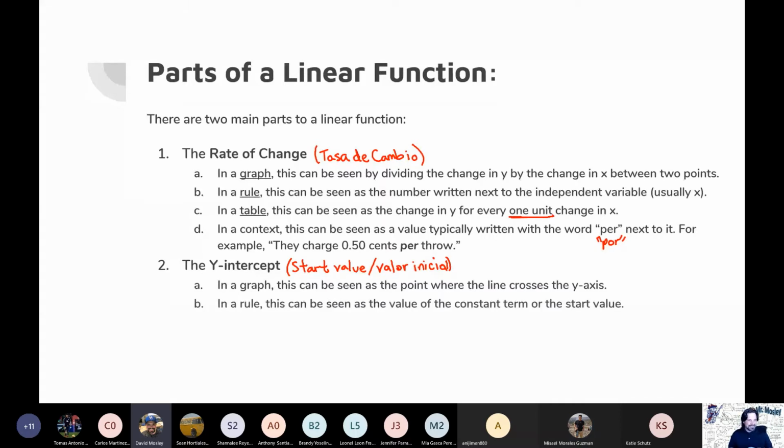All right. In a rule, this can be seen as the value of the constant term or the start value. This constant term is the number without a variable. In a table, this can be seen as the y value where x equals 0.